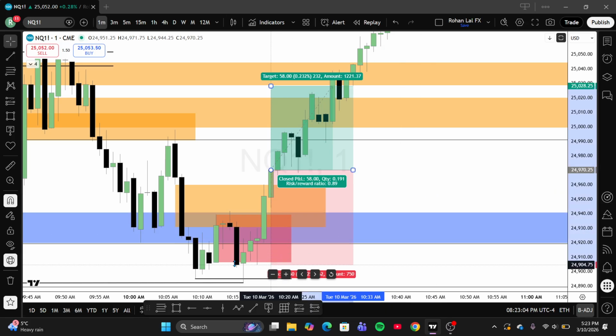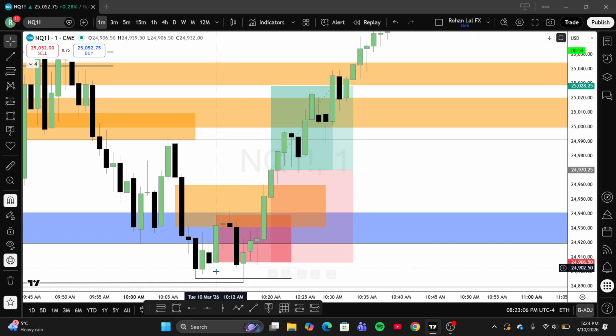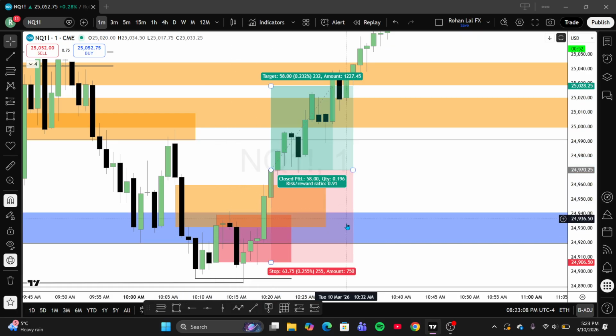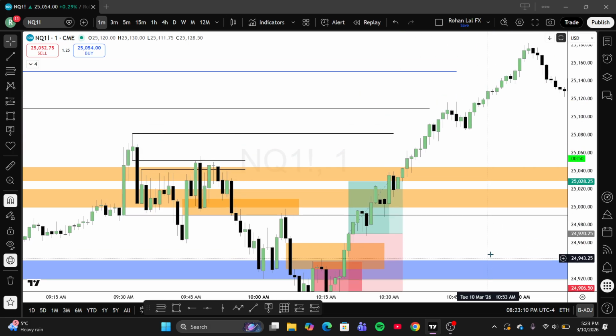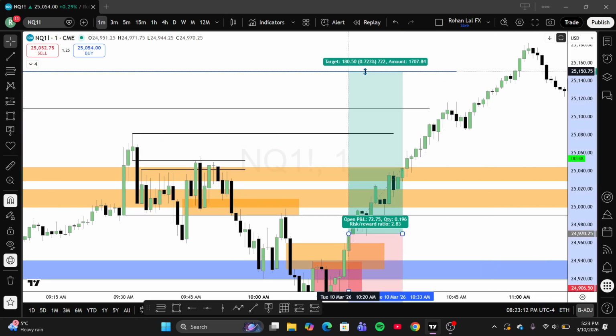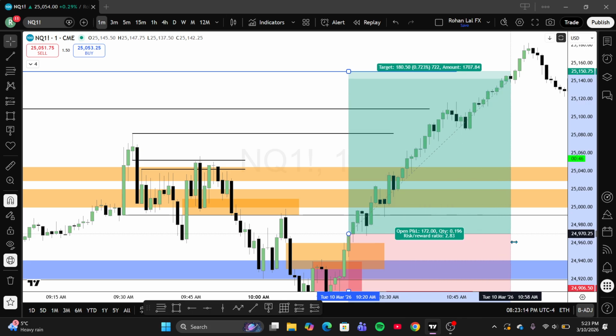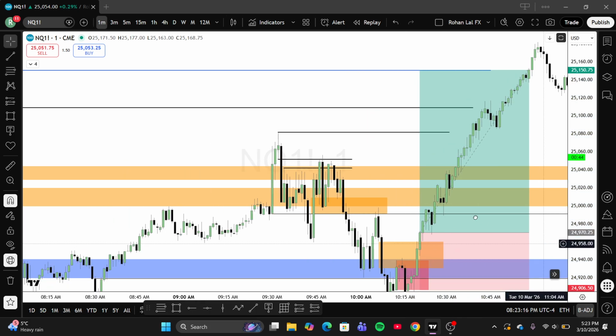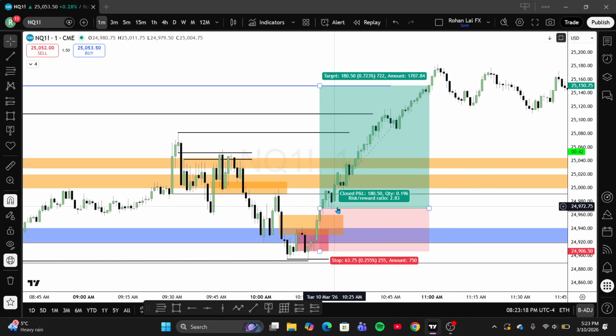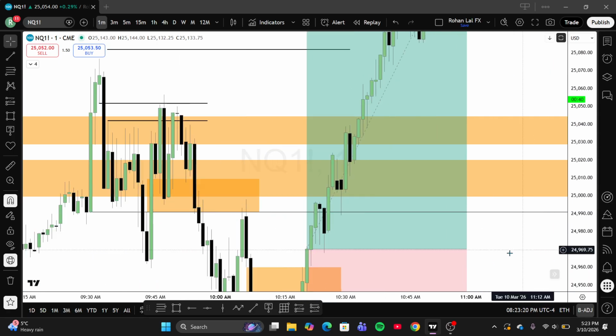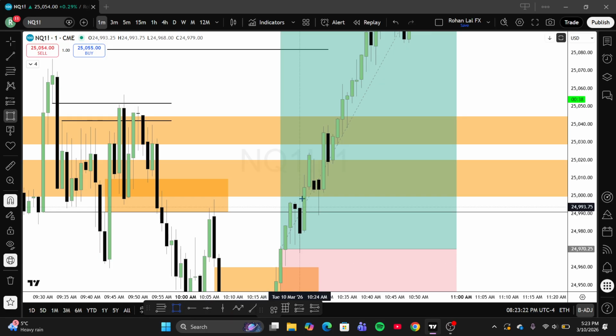My invalidation is going to be a candle body closure below the breaker. That is where my stop. The first TP is going to be this swing high for a 2.83R trade. So that was the trade that we took today. It netted us about a 2.83R.